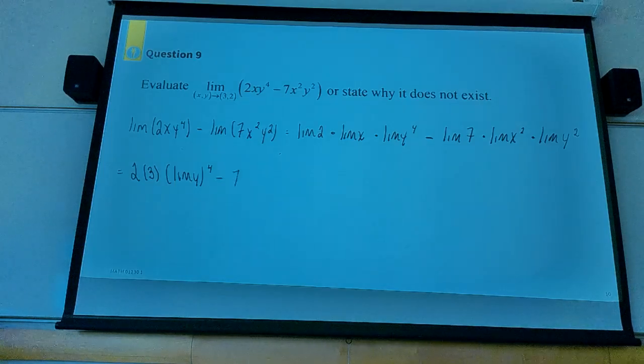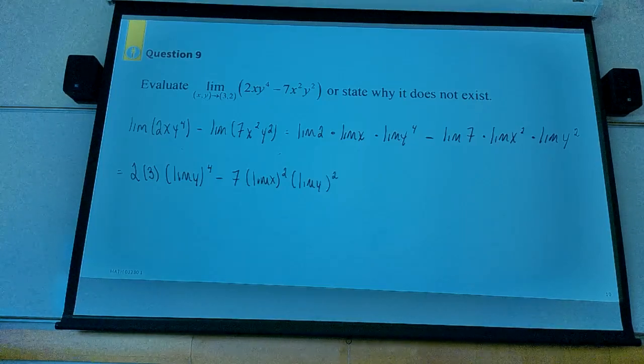Then we have, of course, 7. Limit x squared. Limit of y squared. And now, of course, that's just going to be treated as y approaches 2.